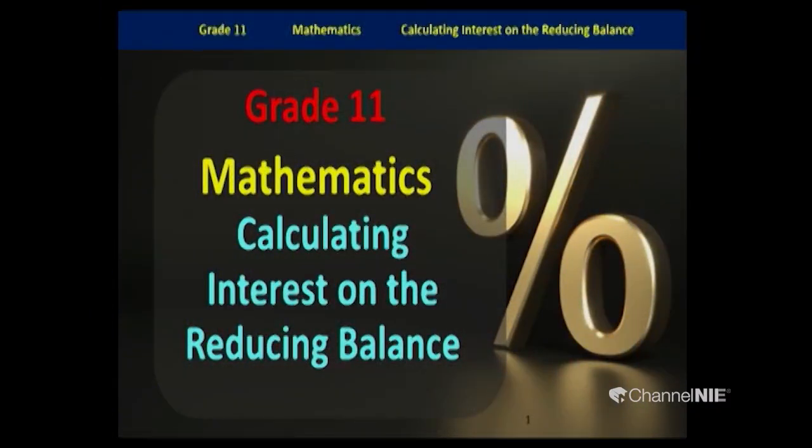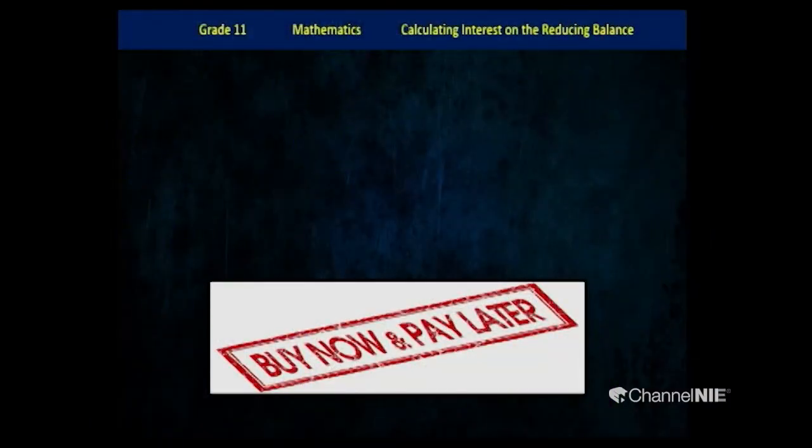Now first let's see what is reducing balance. You have heard different advertisements. Buy now, pay later. That means you buy something today by making a small payment, and after that you are going to pay on an installment basis. For example, when you buy a refrigerator or a motor vehicle, you have to follow this method.